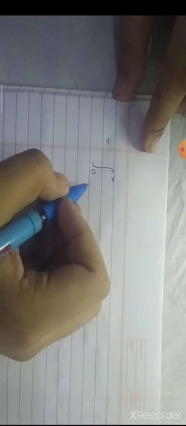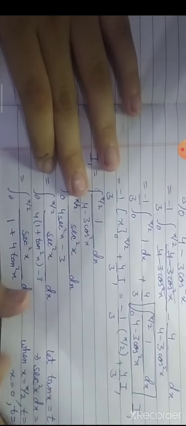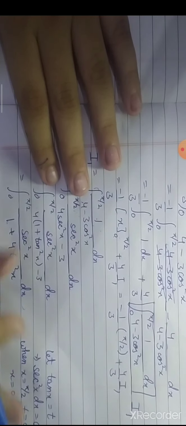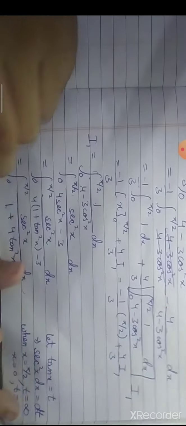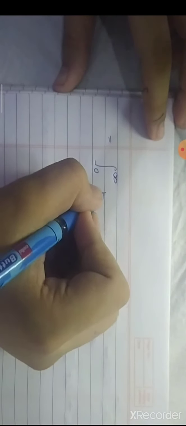So we will write the limits from 0 to infinity. Sec square x dx becomes dt upon 1 plus 4 t square, since tan x is t. So it becomes dt upon 1 plus 4 t square. You understand till here? Okay.